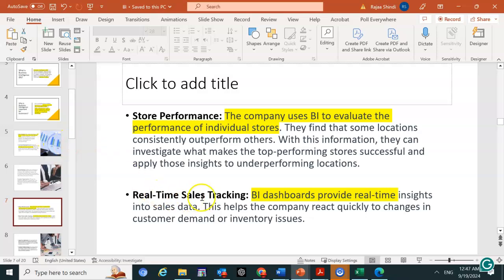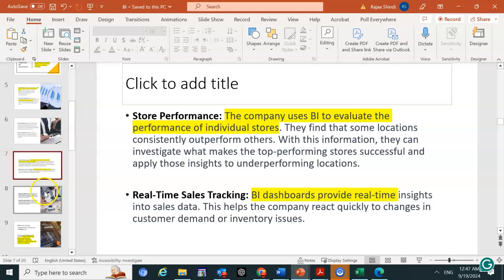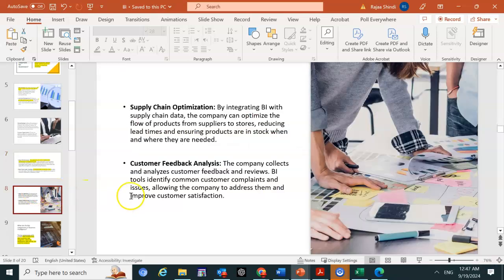Real-time sales tracking, as I said, gives you insight, because with the competition in the retail market, you sometimes need real-time sales tracking, and that can also happen using BI. Then supply chain optimization, supply and demand. Again, we talked about inventory.